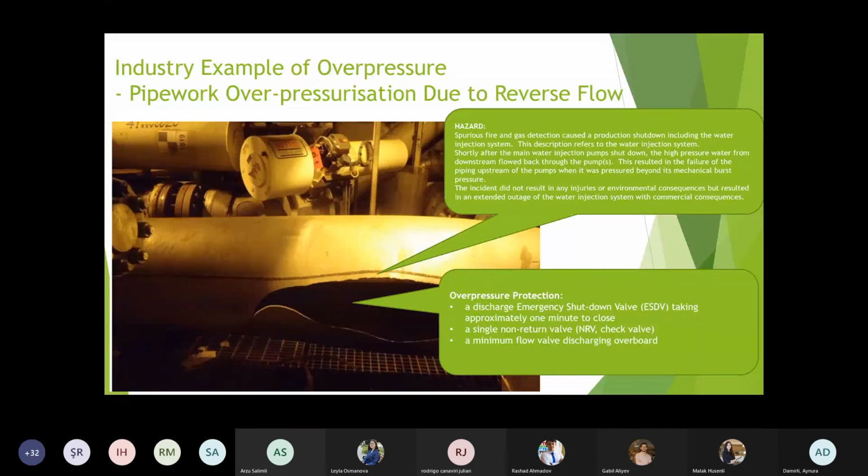We are updating our BP documents and using industry standards, making it easier: not several documents, just one document that we use for overpressure. That's all, I will not take more of your time.